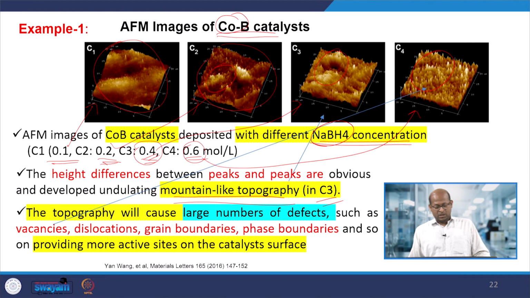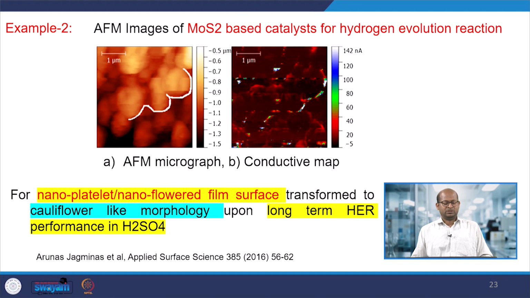Okay. So with the help of this AFM image of that particular material, we can analyze different types of vacancies, dislocations, grain boundaries or phase boundaries present in the materials that we have prepared. So different properties of those materials we can characterize with the help of these structures.